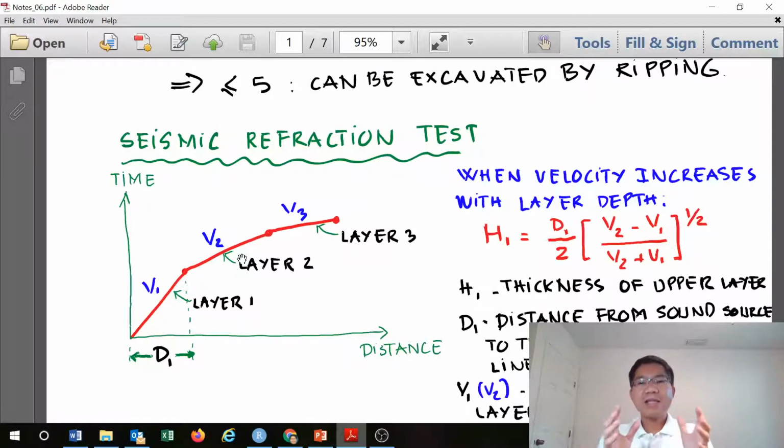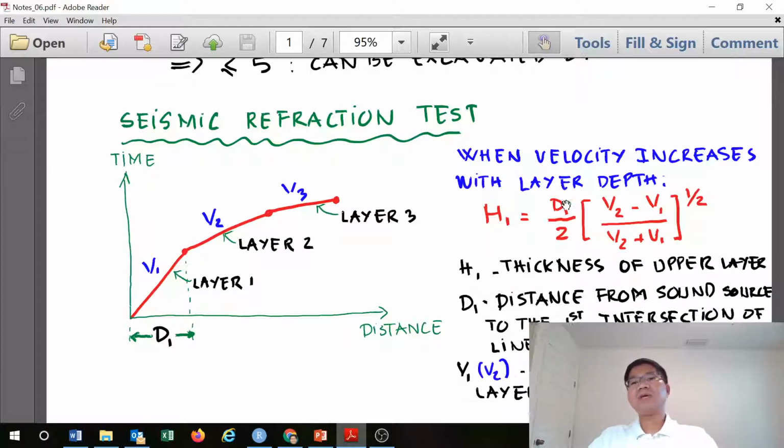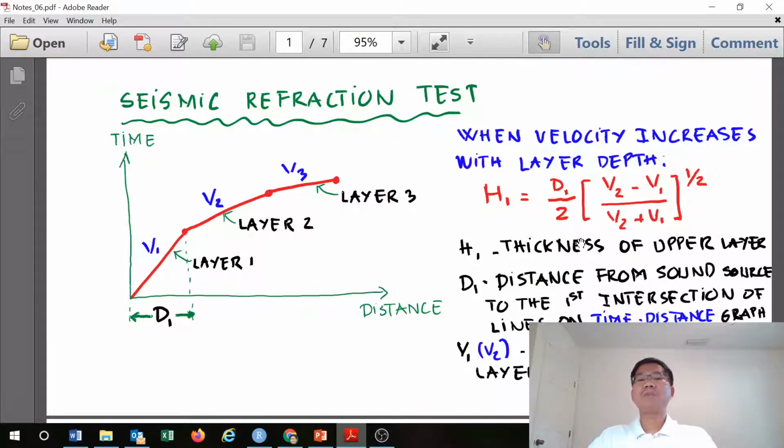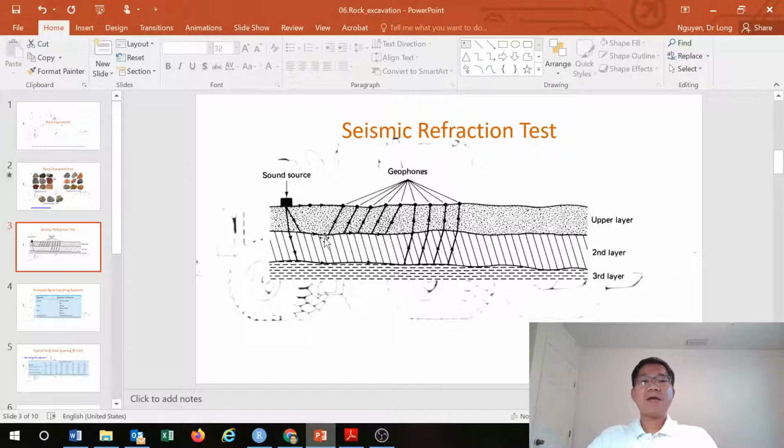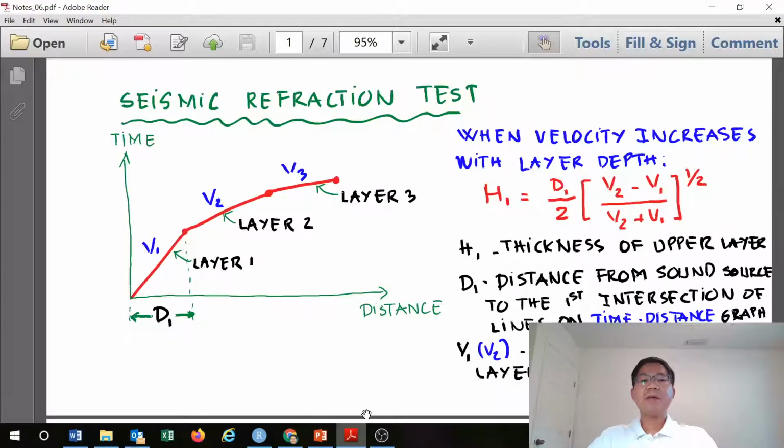So when that is the case, we can determine the depth of the upper layer. For example, here, when the velocity increases, you can apply that equation where h1 is the thickness of the upper layer. Example, that is the upper layer there. Then d1 is the distance from the sound source to the first intersection of lines on the time distance graph.